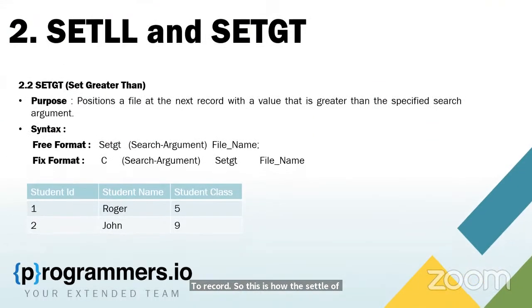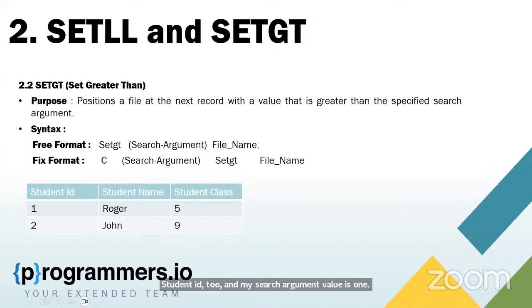The next one is setgt. The full form of setgt is set greater than. The syntax will be the same: the search argument value, then the setgt opcode and the file name. Let's suppose I have two records, student ID 1 and student ID 2, and my search argument value is 1.